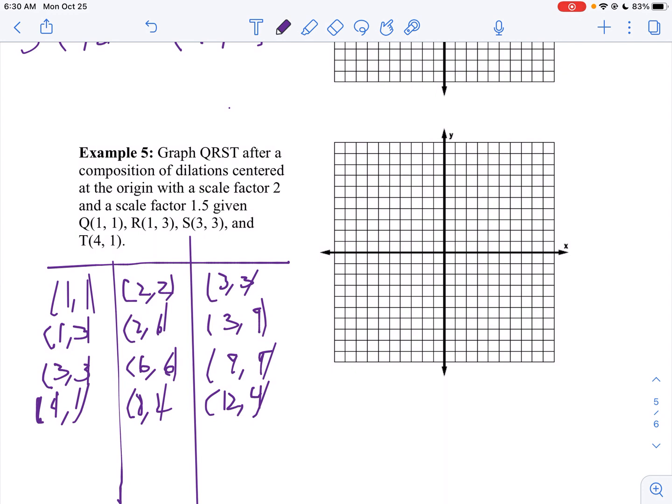I think I'll count by 2's here then. So 3, 3 would be over 3 and up 3. Over 3 and up 9.